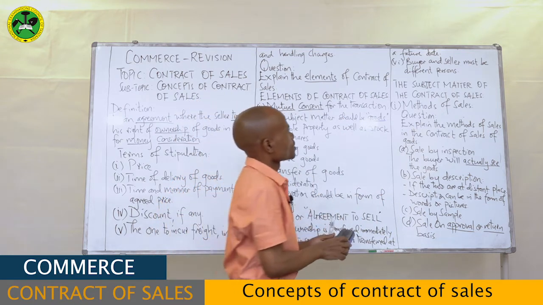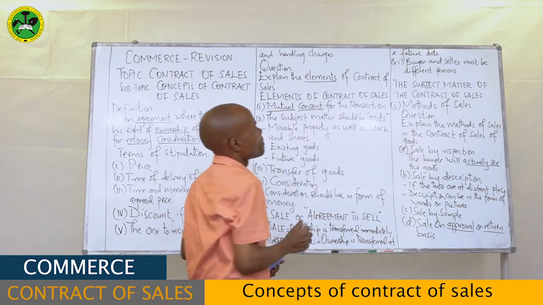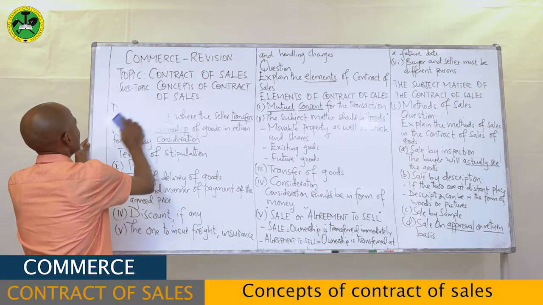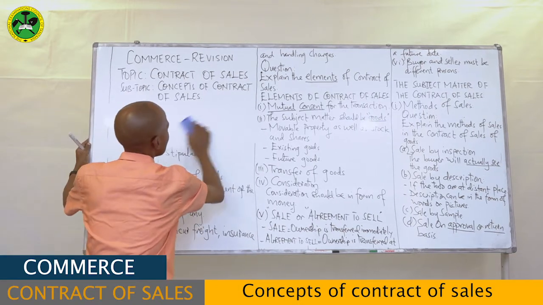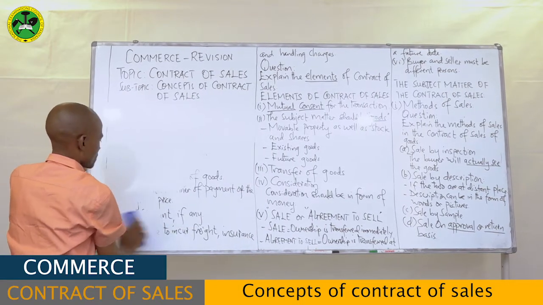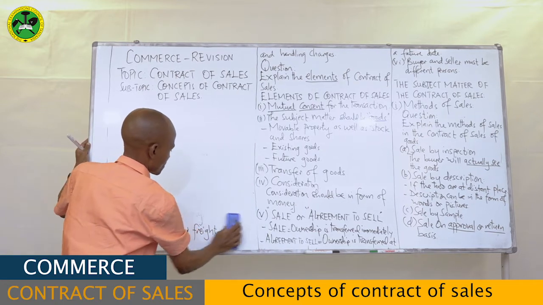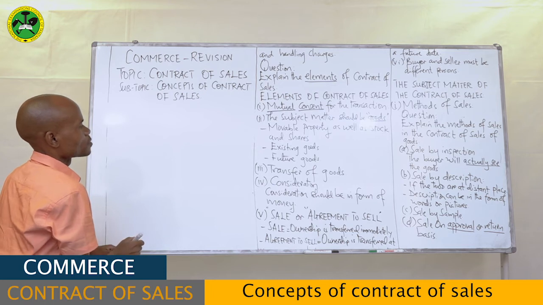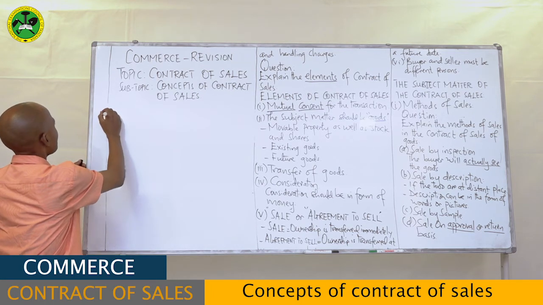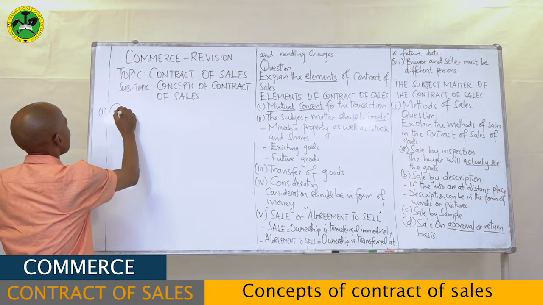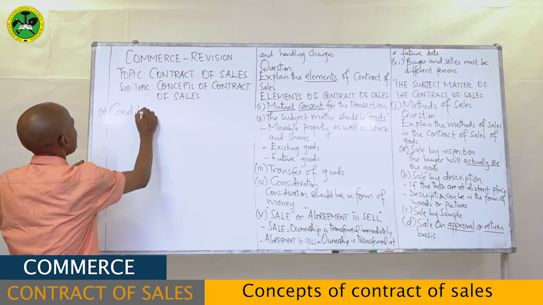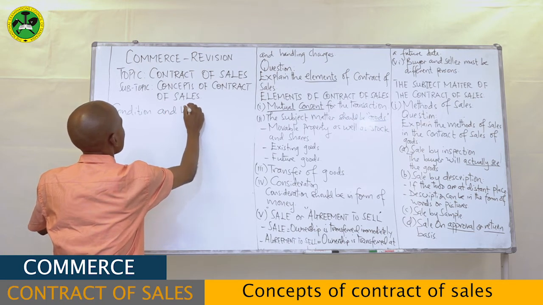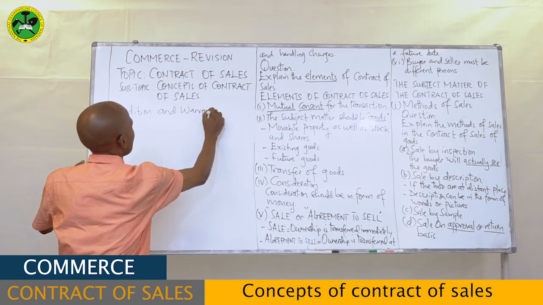So this was the first subject matter of contract of sales. The other one is called condition and warranty.